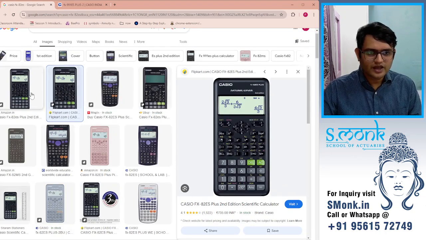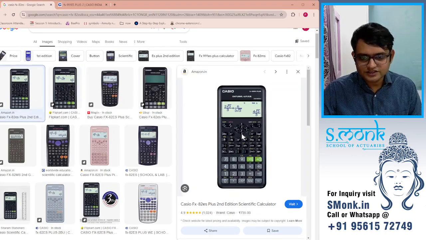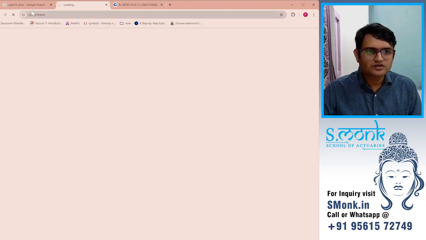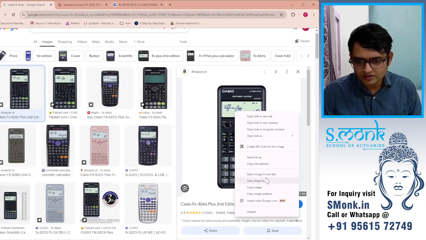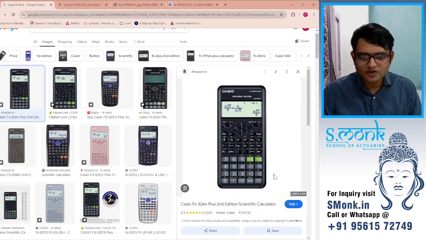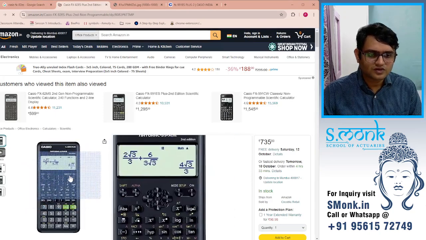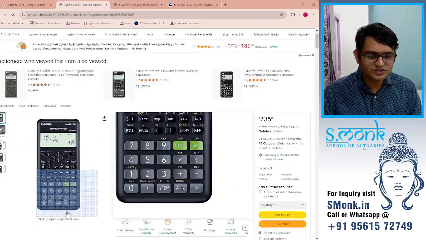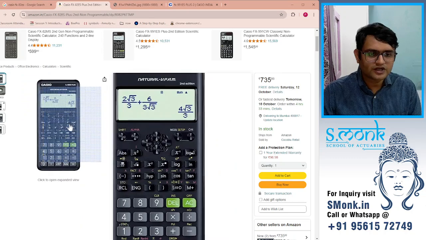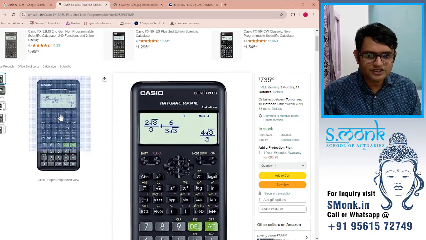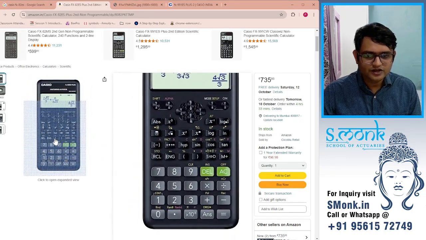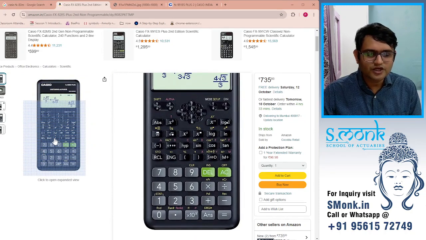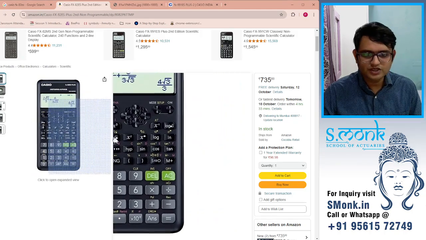And for us, you can see this. It's available online. If you see this calculator, it's very important that you see that there are a lot of buttons. I'll show you using the app.